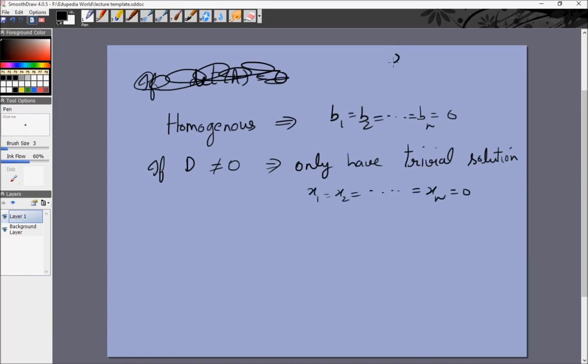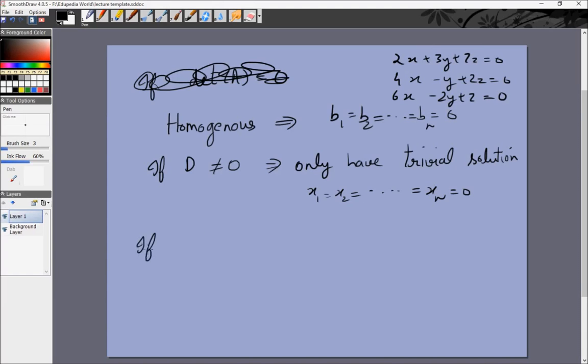So let's say you have 2x plus 3y plus 7z is equal to 0. You have 4x minus y plus 2z is equal to 0. You have 6x minus 2y plus z is equal to 0. All the right hand sides are 0. We already see that if x, y and z all three are 0, then there is a solution to this equation. Right? And if d is not 0, there is only this trivial solution which is always there.